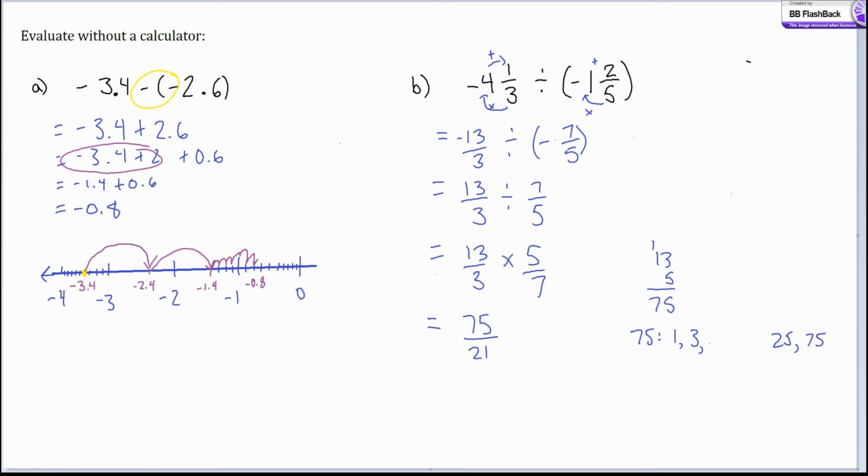We could keep going here, but I do know that 21 has a factor of 3. So there's a 3 that we can take out of the numerator and the denominator, leaving 25 over 7. 7 is a prime number, and 7 does not go into 25, so this is reduced.